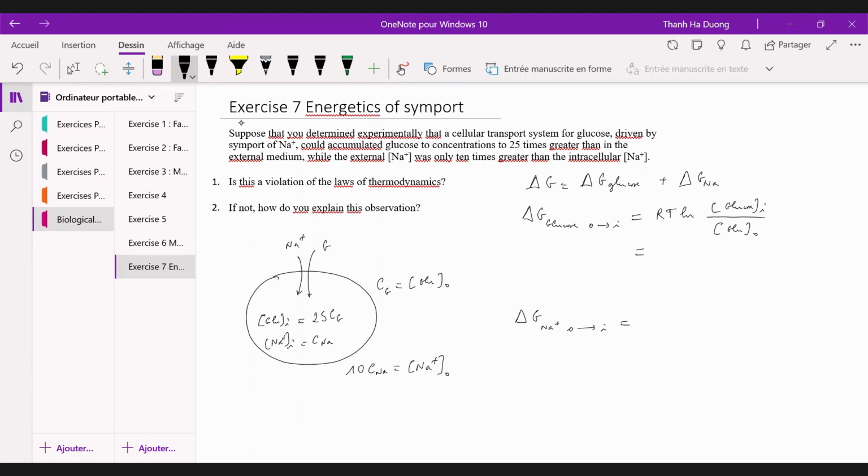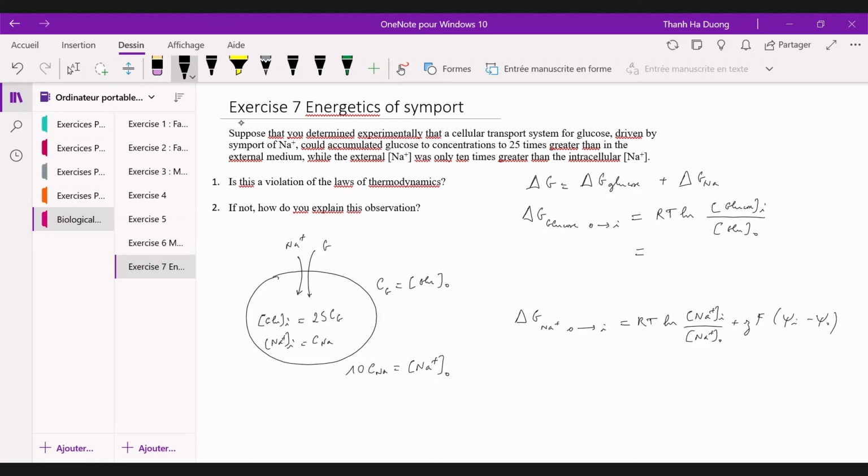This time we have a charged molecule. So the equation is, okay.